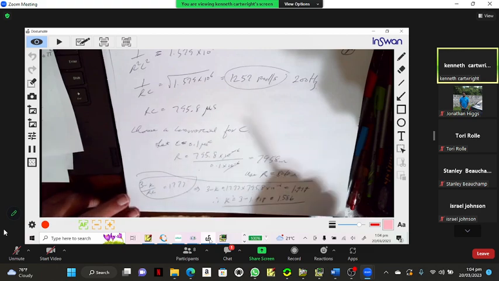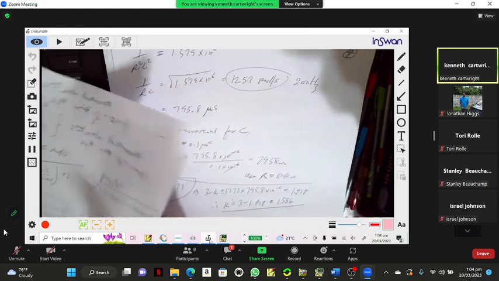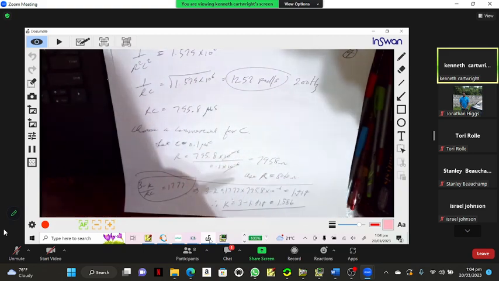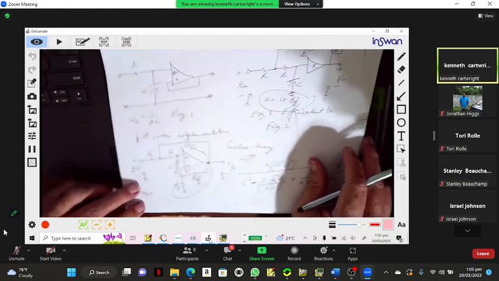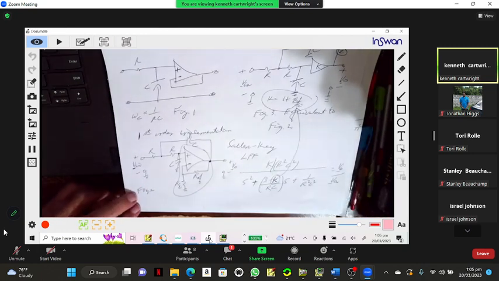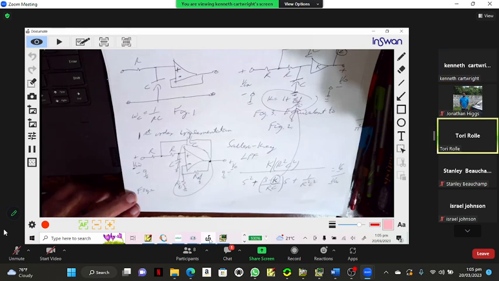I don't think you all understand what we're trying to find. Let's go back to the circuit. What are we trying to find? So we're trying to find RF and RI.